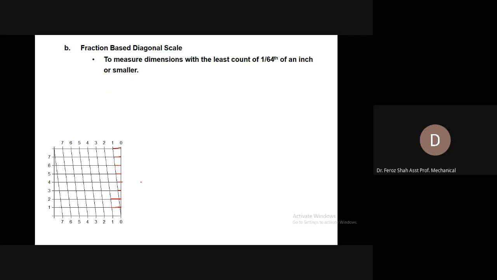Now you have divided this into 64 equal divisions, and you can go along and measure these divisions.